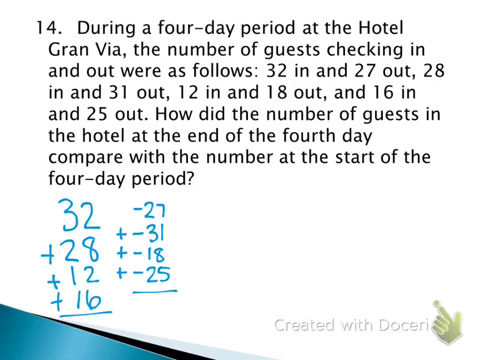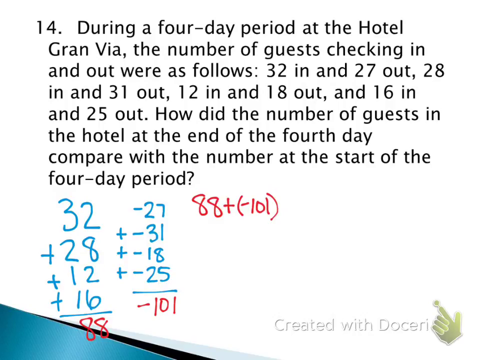So I'm going to spoil it for you and tell you that if we add up all the people coming in, that would give us 88. If we add up all the people going out, that was a negative 101. We are going to add those together.